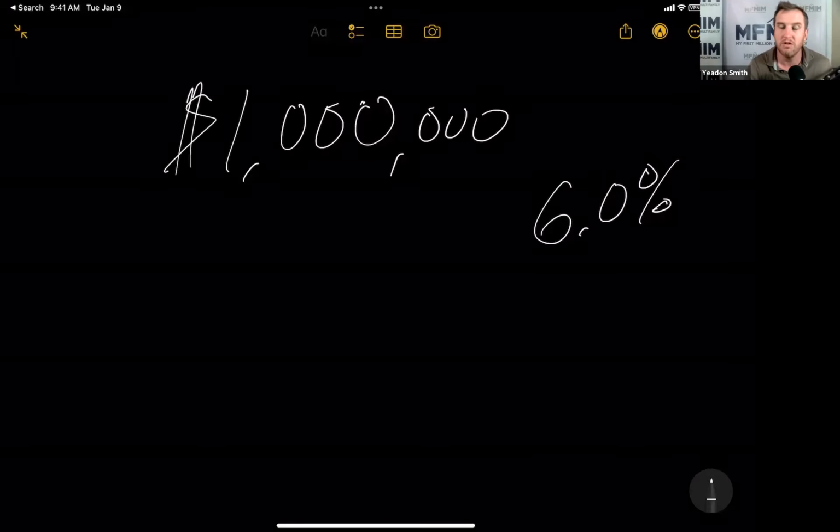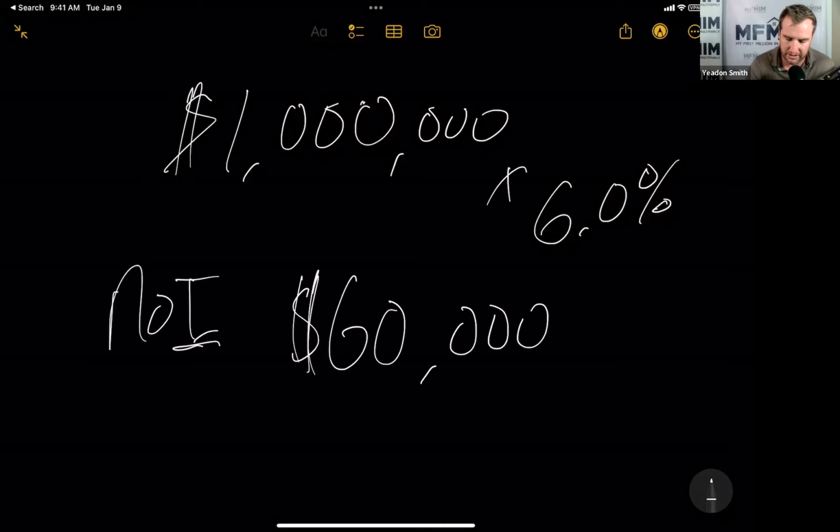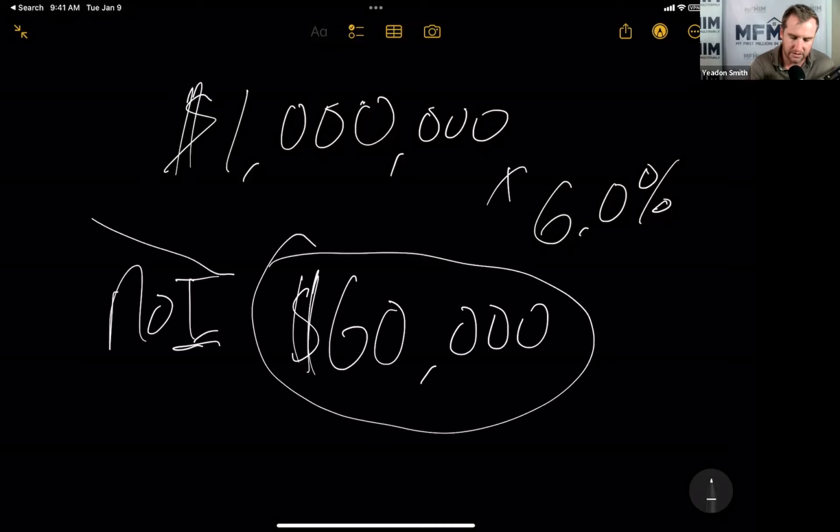So what does my net operating income have to be to get that valuation? My NOI has to be $1 million times 6%, so that's $60,000. If I can get my NOI to $60,000, then I can sell or refinance this property for $1 million.